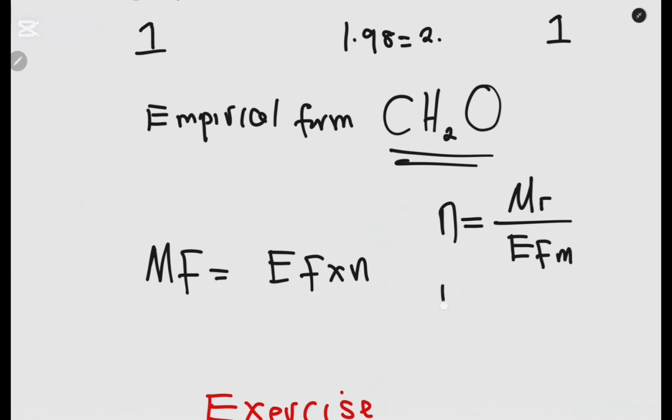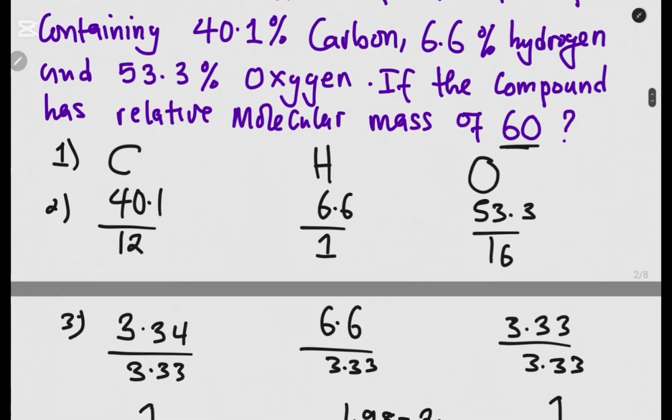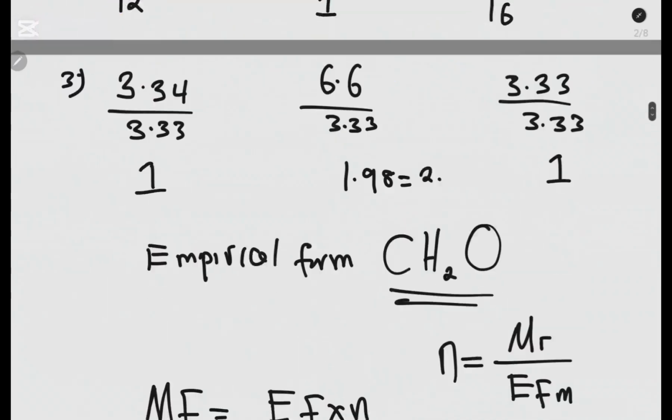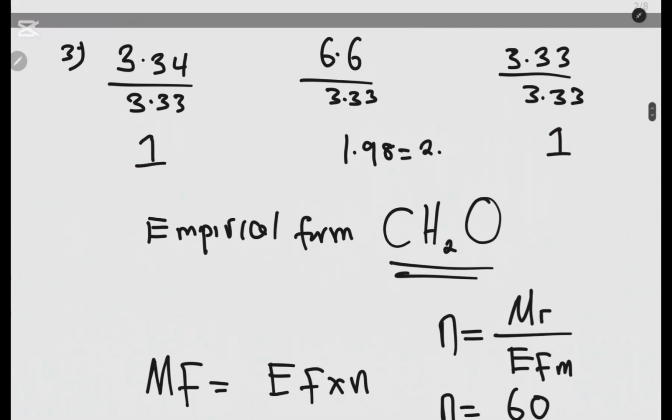So here N is equal to the molar mass. Look at this. In the question, we are given that the compound has a relative molar or molecular mass of 60. So on top we are given 60, divided by the empirical formula mass we find for this one. So we have oxygen, which is 16, and hydrogen, which is 2.